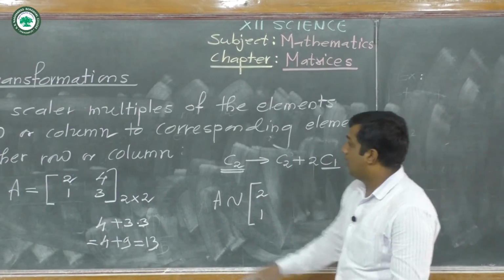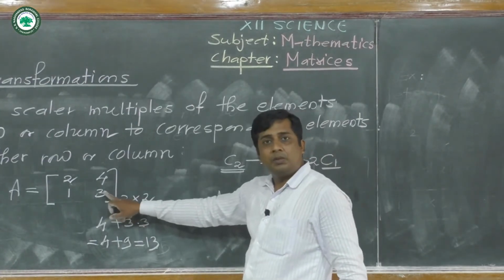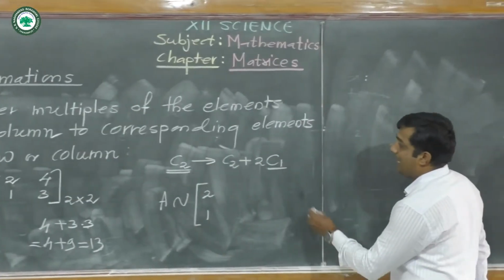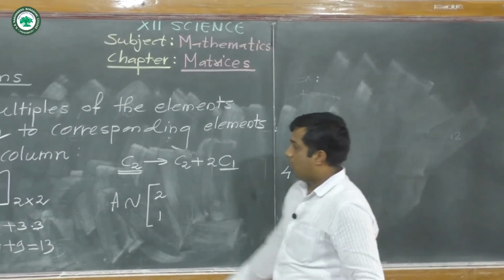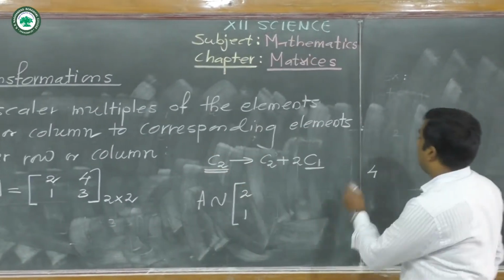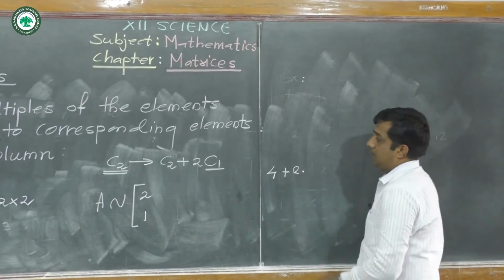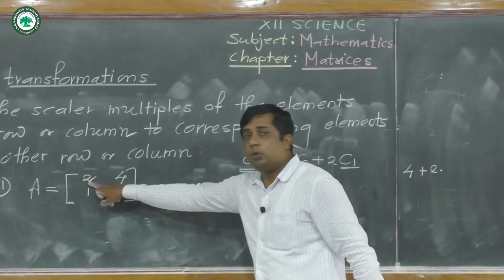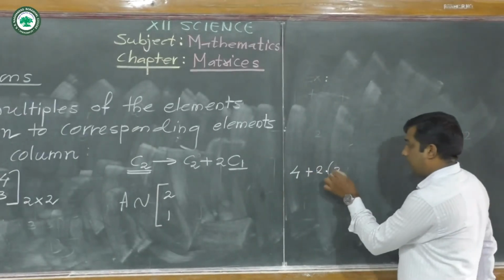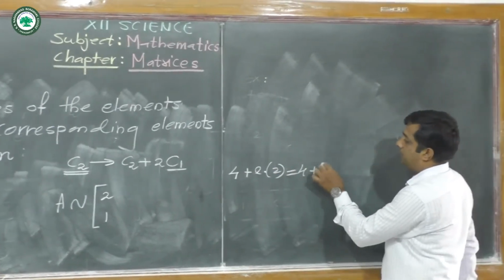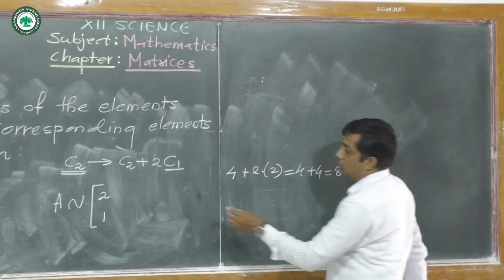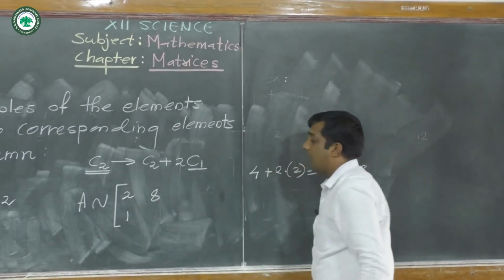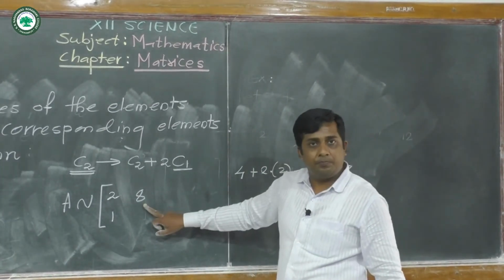Now we consider column second. Here the first element of column second is 4, okay, then 4 plus 2 times the first element of column first, which is 2, and this is equal to 4 plus 4, and we get 8, so in the second column the first element is 8.